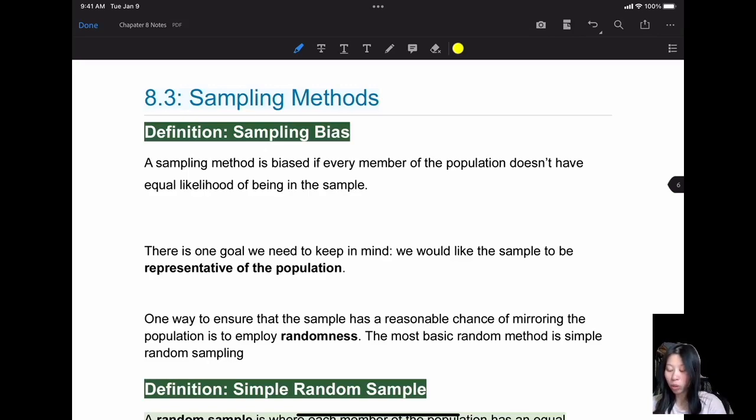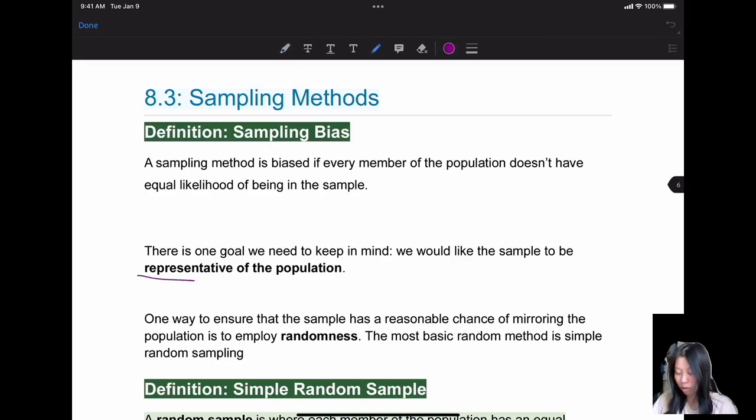There is one goal we need to keep in mind. We would like the sample to be representative of the population, so you don't want any bias. One way to ensure the sample has a reasonable chance of mirroring the population is to employ randomness. The most basic random method is simple random sampling.